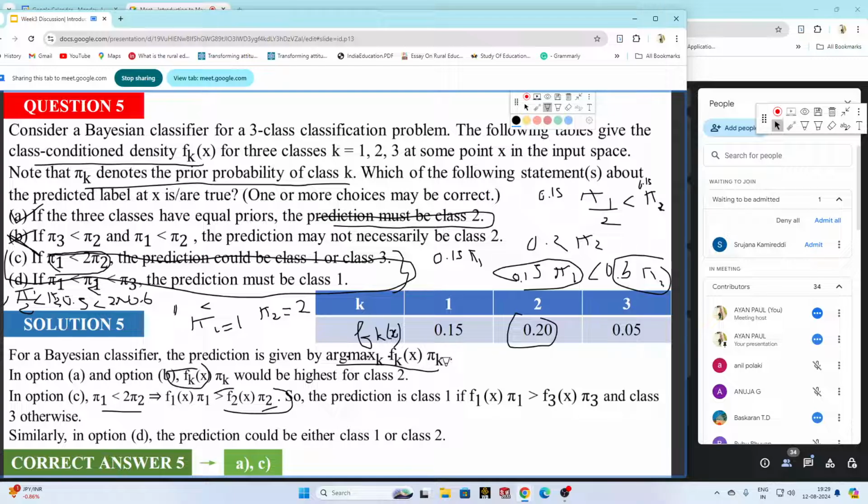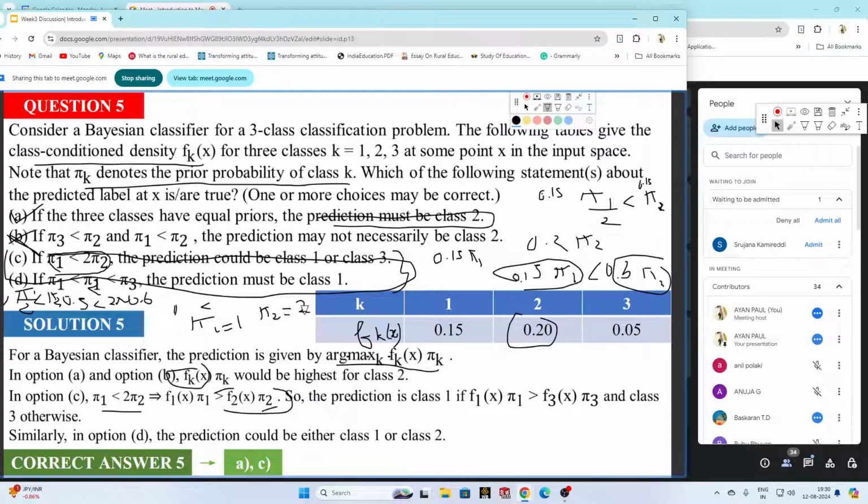Fk pi k, and you have to compare, like pi 1 is greater, pi 2 is greater, that is given. Like here pi 1, pi 2 and pi 3 all are equal, and fk is given. So as fk is given, f2 is greater than f1 as well as f3, and pi is equal for all of these.